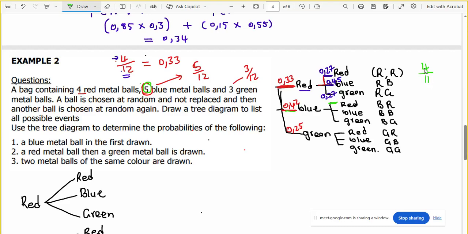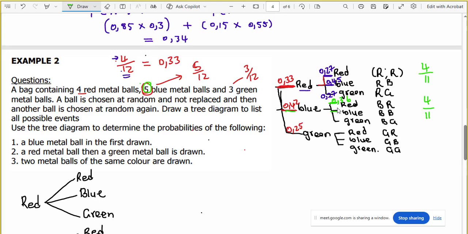So this will be 4 over 11. You see, this is taking time. So this is 4 over 11, which gives us 0.36. I'm not sure if you can see my numbers. I can, sir. Okay, so let's say the next one is blue. Already the first pick was blue, so there are 4 blue left over 11. So this will be 4 over 11, which gives us 0.36 again.